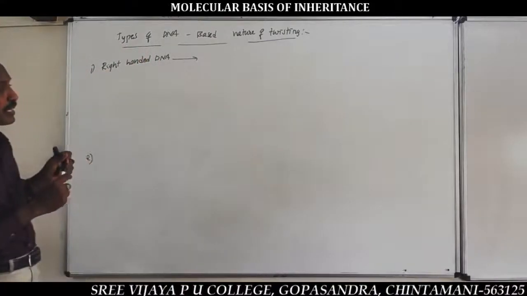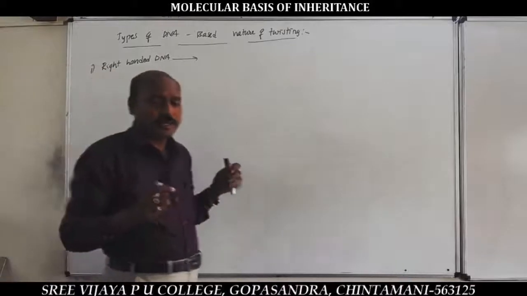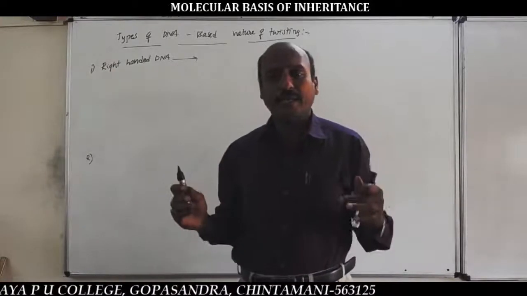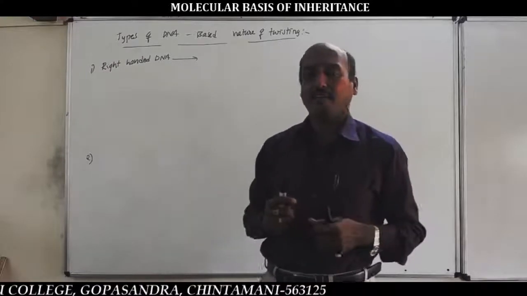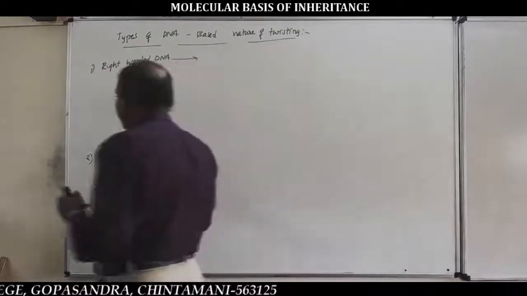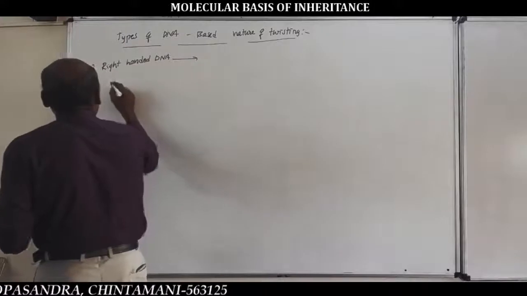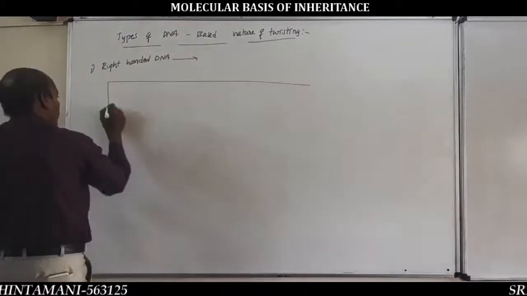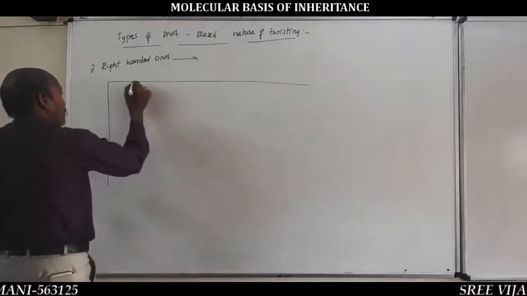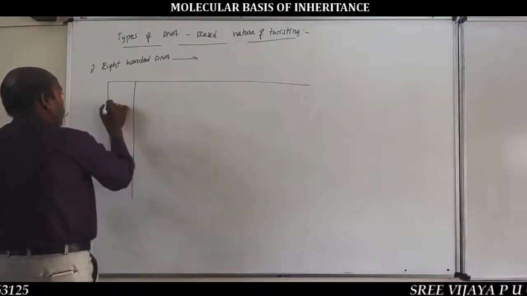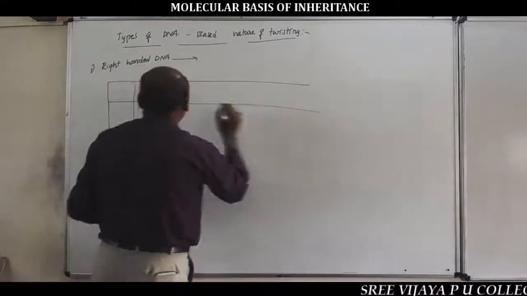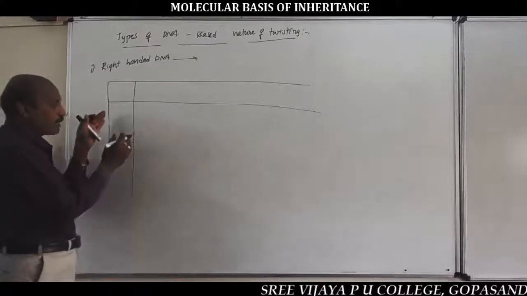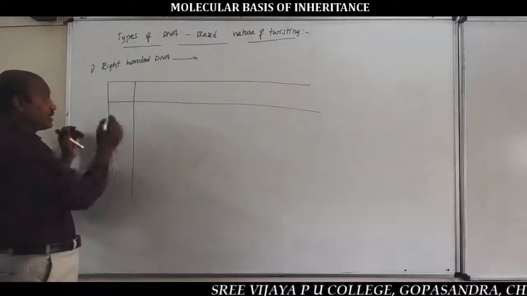Here examples of right-handed DNA are the A DNA, B DNA, C DNA and D DNA. Very important for extra information, especially for competitive exams, never for board exams. So, competitive exams, very important: different types of right-handed DNAs.